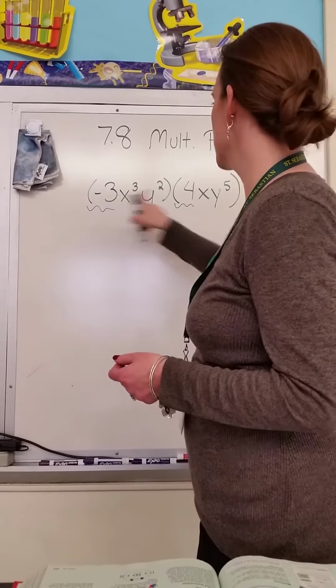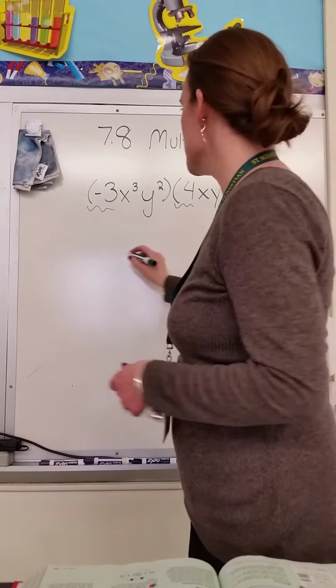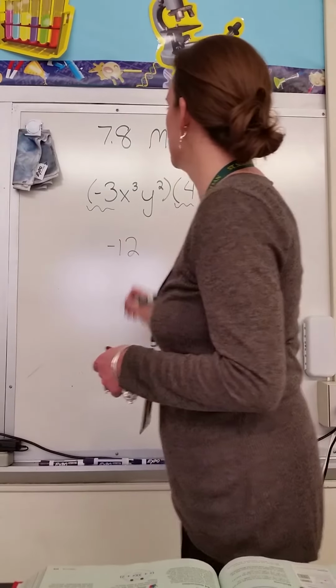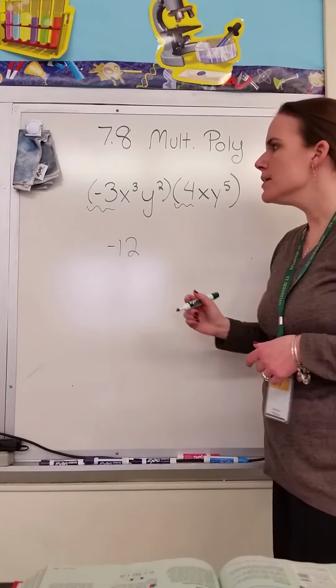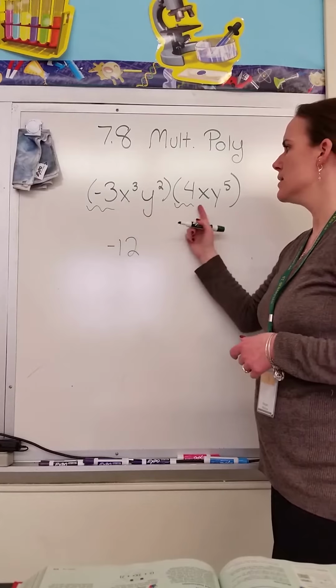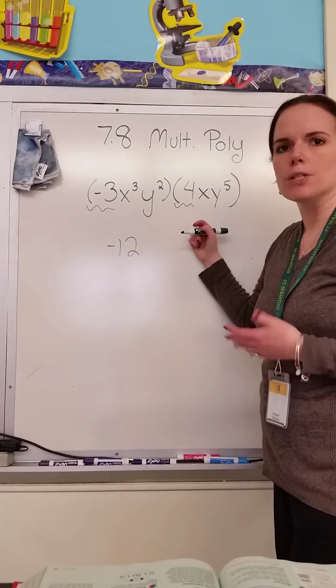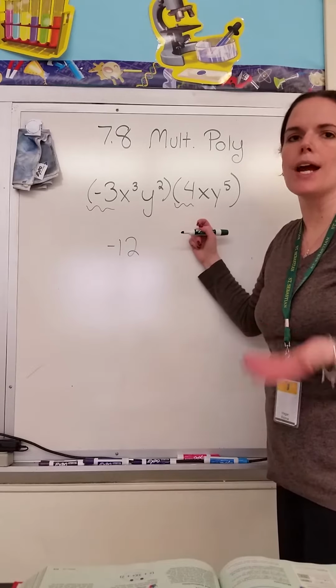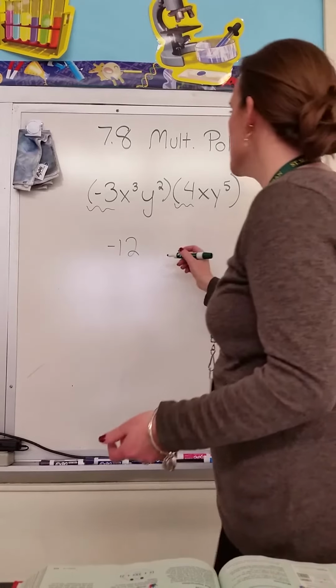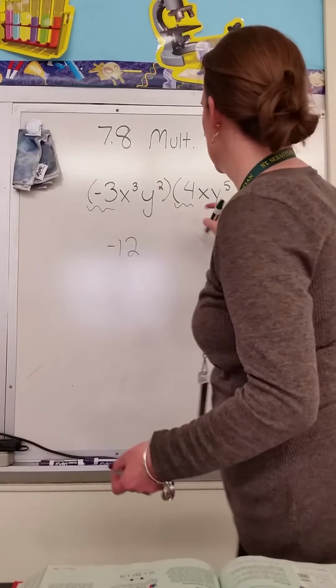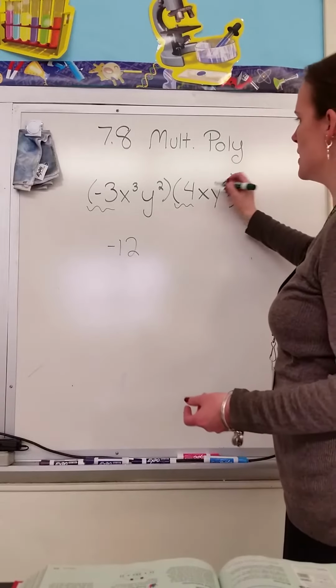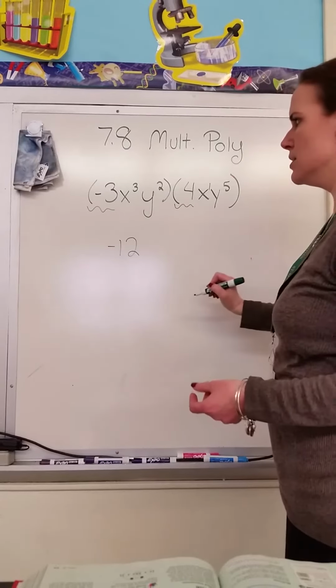so this -3 and this 4, and you go ahead and multiply them. So that's -12. And then you're really just multiplying the variables as well. Just don't forget your exponent rules. If you have x to the third, this plain x is like an x to the first.